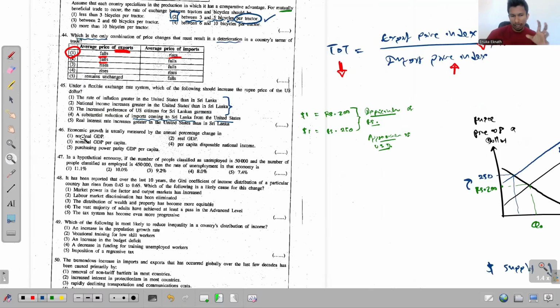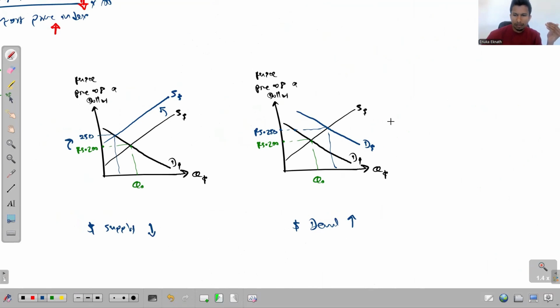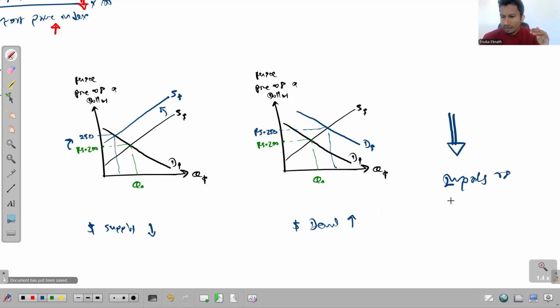Now it's the opposite. In the first three options, the USA imported Sri Lankan goods. And in the fourth option, it says a substantial reduction of imports coming to Sri Lanka from USA, which means we were importing goods, but now we experience a significant decrease of imports of US goods.